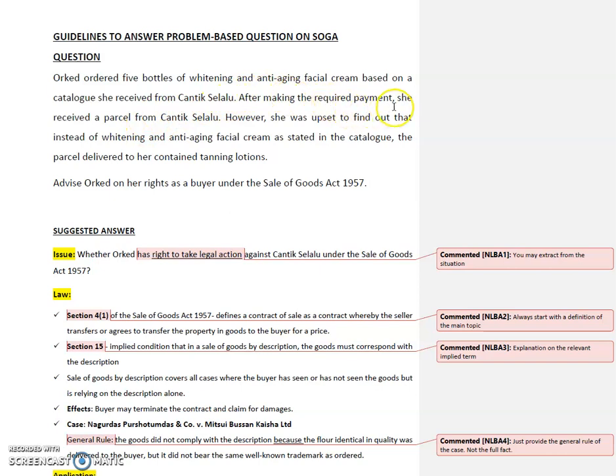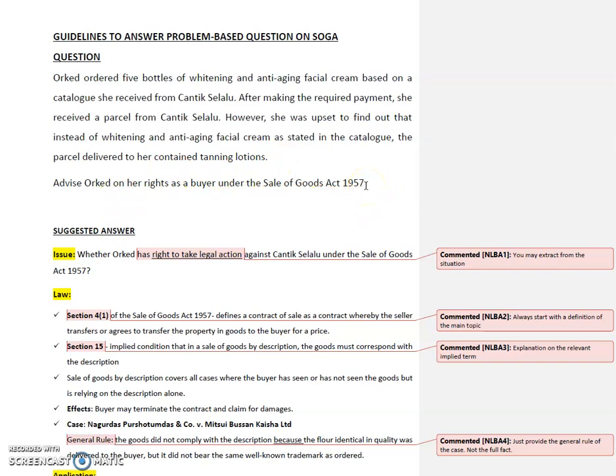After making the required payment, she received a parcel from Cantik Selalu. However, she was upset to find out that instead of whitening and anti-aging facial cream, as stated in the catalogue, the parcel delivered to her contained tanning lotions. Advise Orchid on her rights as a buyer under the Sale of Goods Act 1957.